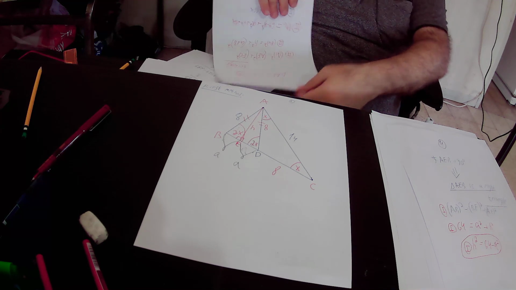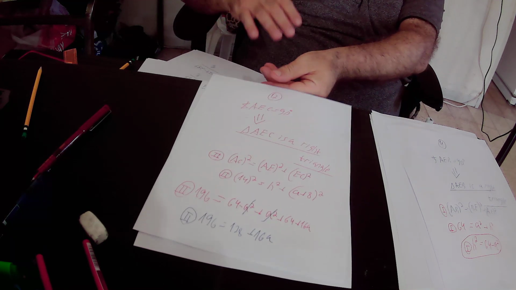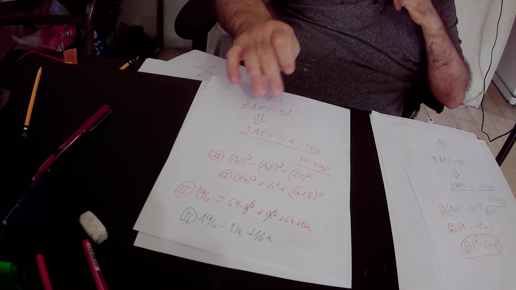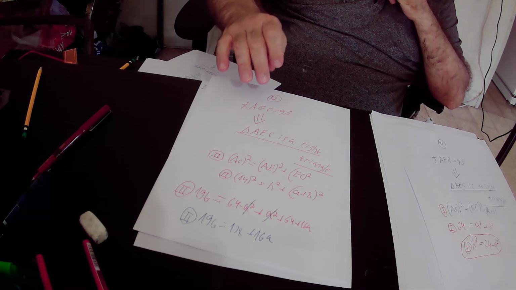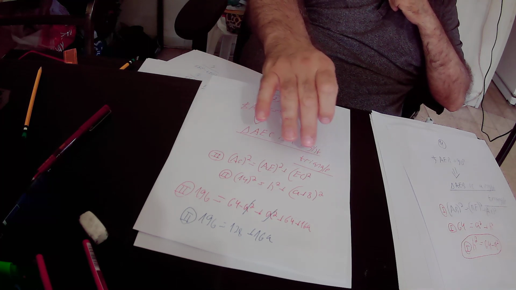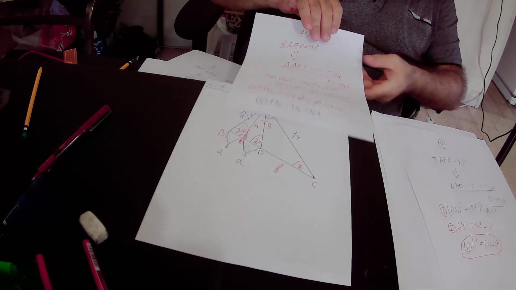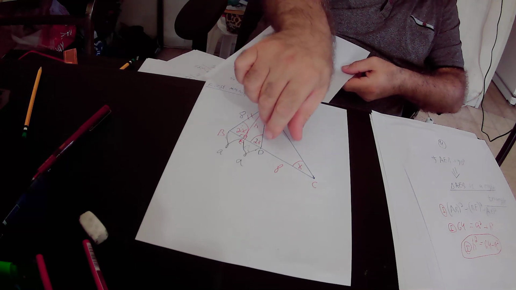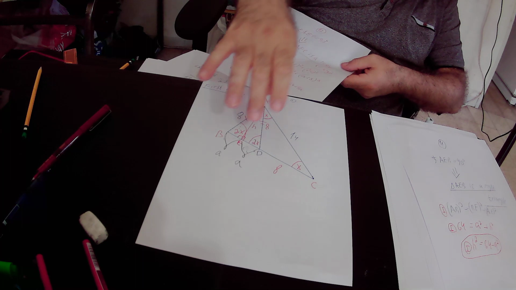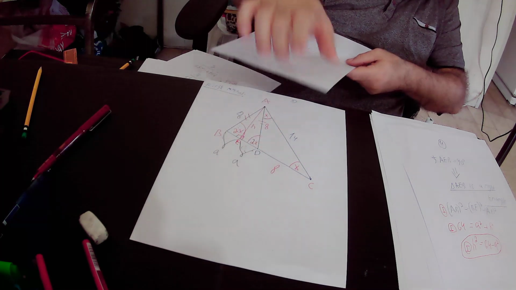So we can implement the Pythagoras theorem in the right triangle AEC. According to the Pythagoras theorem, the square of the hypotenuse equals the sum of the squares of the perpendicular sides. So in the right triangle AEC, AC squared equals AE squared plus EC squared.